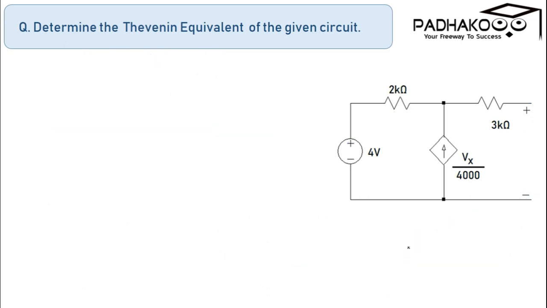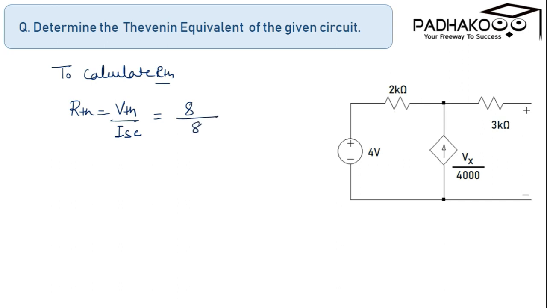Now Rth is equal to Vth over Isc. Here Vth is 8 and Isc is 8 over 10,000. This implies that Rth is equal to 10 kilo ohm. So we have determined the value of Rth, and we have determined the value of Vth, that is 8 volts.